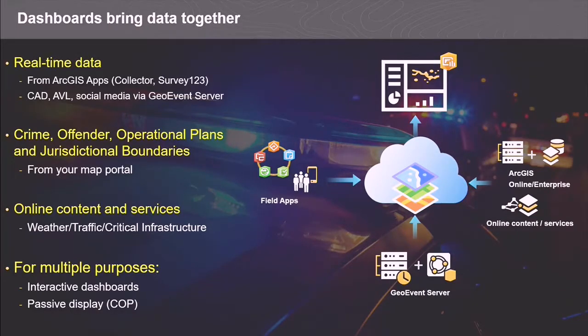A lot of times I've seen examples where a chief has a tablet or a Surface that they like to use, and they have a dashboard that they like to have up, and they bring it to community meetings so that they don't get ambushed by a community member that has this issue, and they don't really have any data that they can go investigate to answer that question. They can pull up that dashboard, and they can get information about what was done.